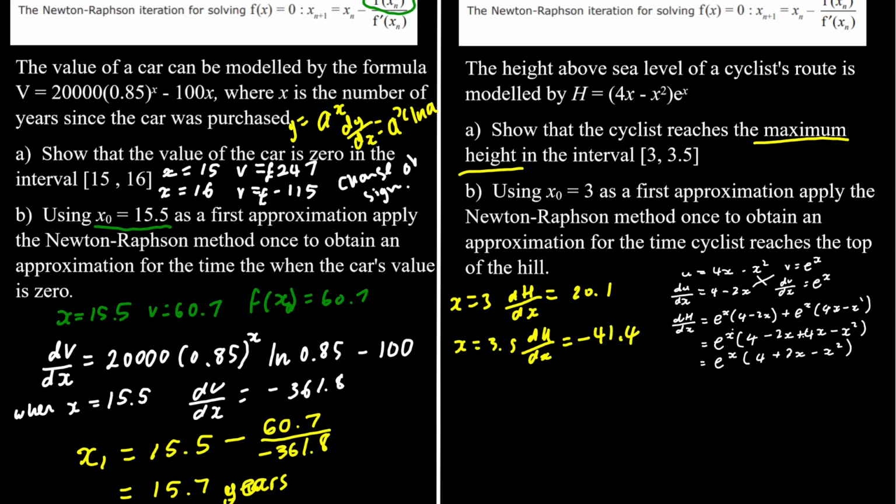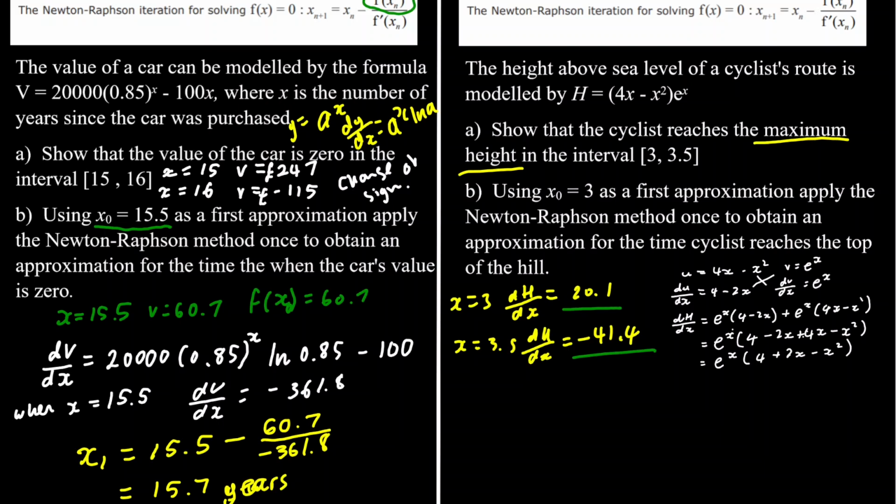So we have a change of sign. If we were in an exam, we'd write: change of sign, continuous function, therefore maximum is in the interval 3 to 3.5. But we can just see here, we've got the change of sign.